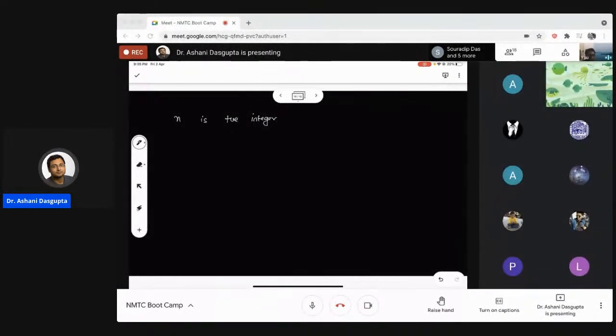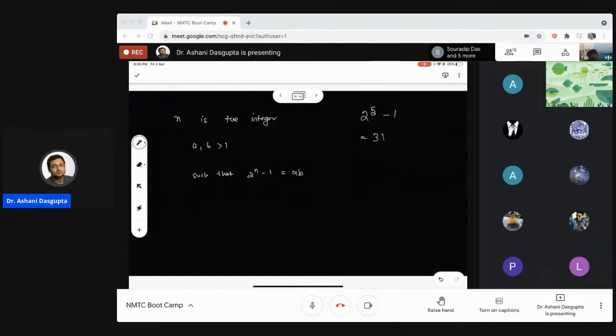Okay. All right. So n is a positive integer. We have to show that if a and b are integers greater than 1, such that 2 to the power n minus 1 is equal to ab. So I'll give you an example. 2 to the power 5 minus 1 is equal to 31, right?